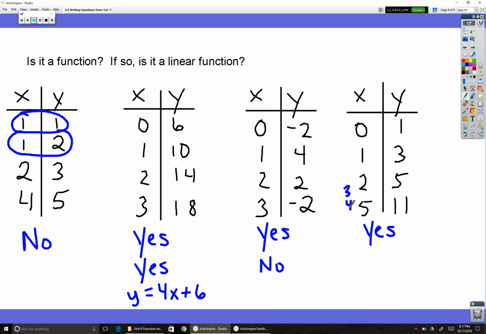And then 7 plus 2 would be 9. And another 2 would be 11. So even though this may not at first appear to be a linear function, it's still going up by 2 each time. So yes, it is a linear function. The change is 2. And we know our start value when x is 0, y is 1. So we have 2x plus 1.